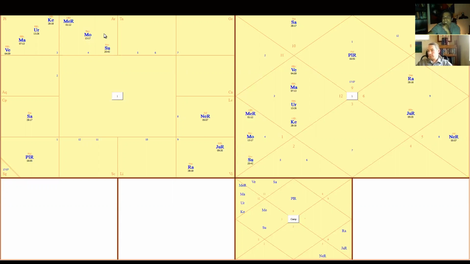So wait a second, you're saying that Neptune has a 9th aspect. Okay, you want to use Tajika aspects. Tajika aspects are trine, opposition, conjunction, sextile, and square. Square is 90 degrees, trine is 120, sextile is 60 degrees.